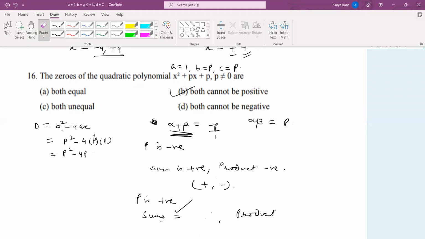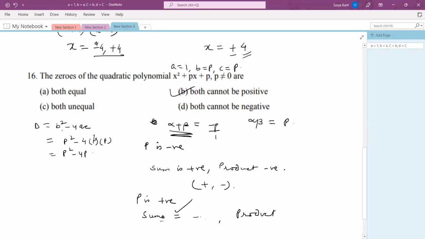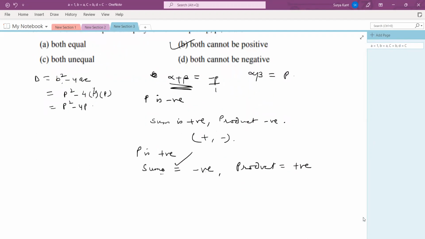So this will come negative and this will come positive. When this is the possibility, if product is coming positive, it means that either both will be positive or both will be negative, correct? So both negative only is the possibility. If both positive come, then this is not possible, right?